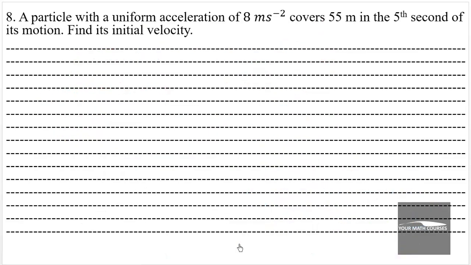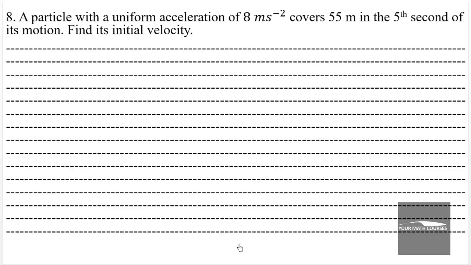Then we move on to our final question for the compulsory paper. A particle with a uniform acceleration of 8 meters per second squared covers 55 meters in the 5th second of its motion. Find its initial velocity.